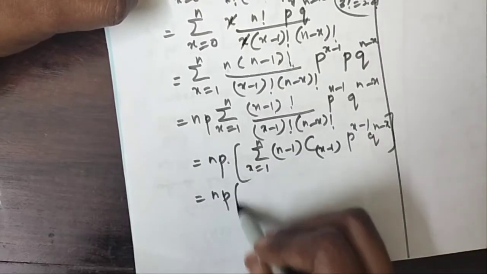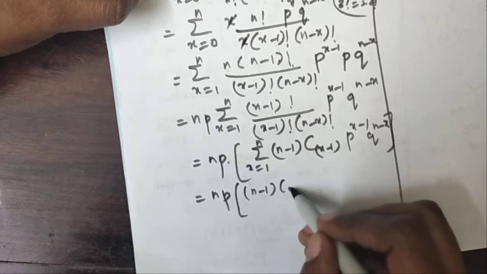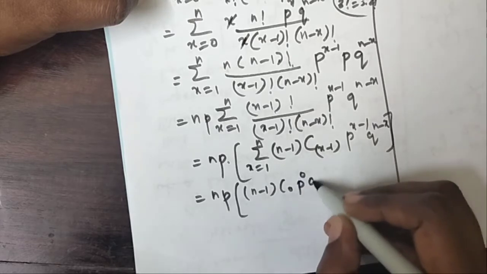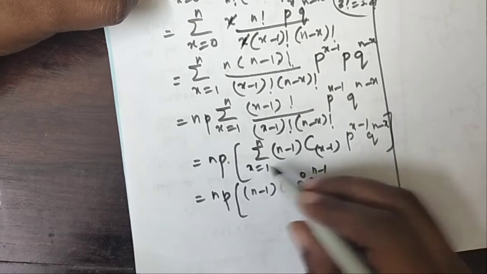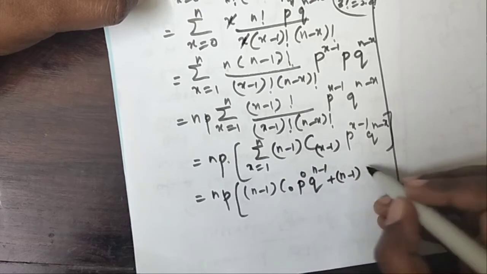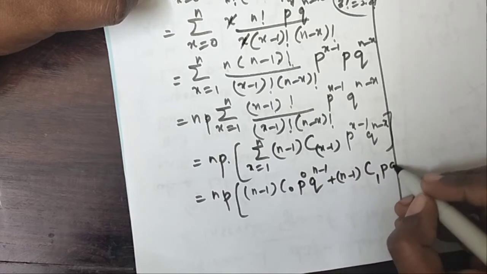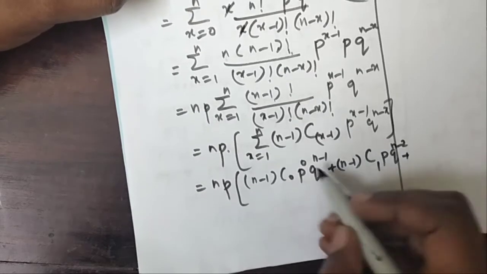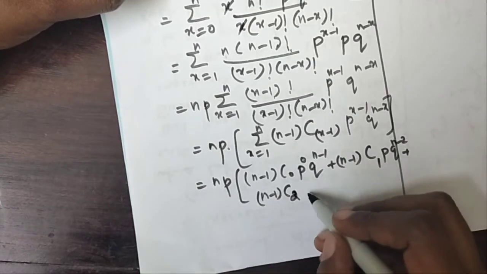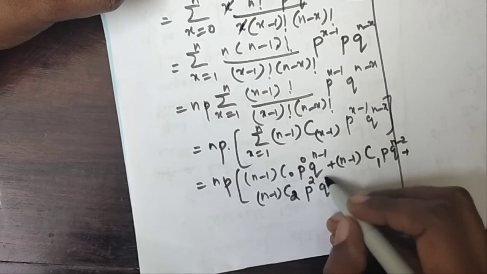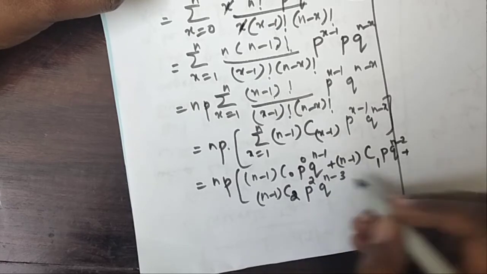So now we can expand. If x is 1, n minus 1 C0 p raised to 0 q raised to n minus 1. Next, if x is 2, n minus 1 C1 p raised to 1 q raised to n minus 2. Plus if x is 3, n minus 1 C2 p raised to 2 q raised to n minus 3, etc.